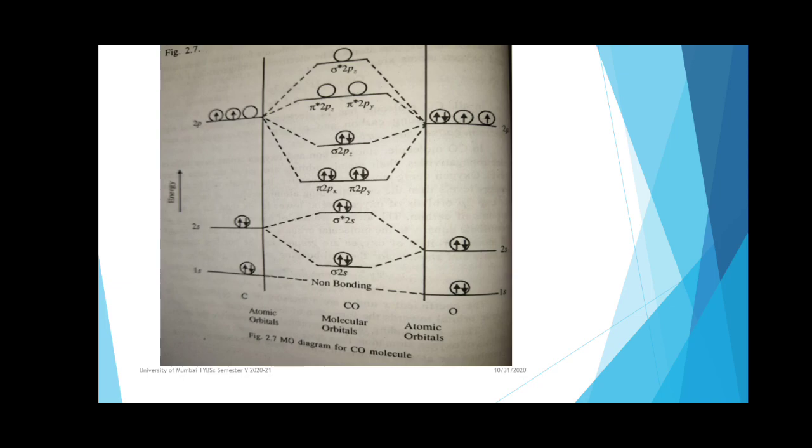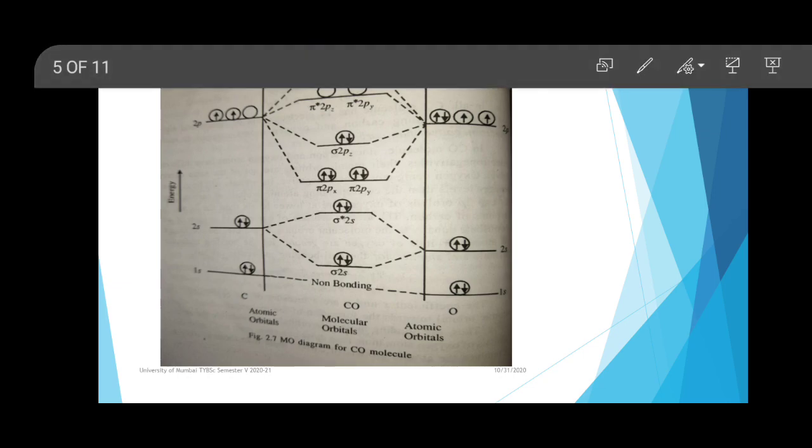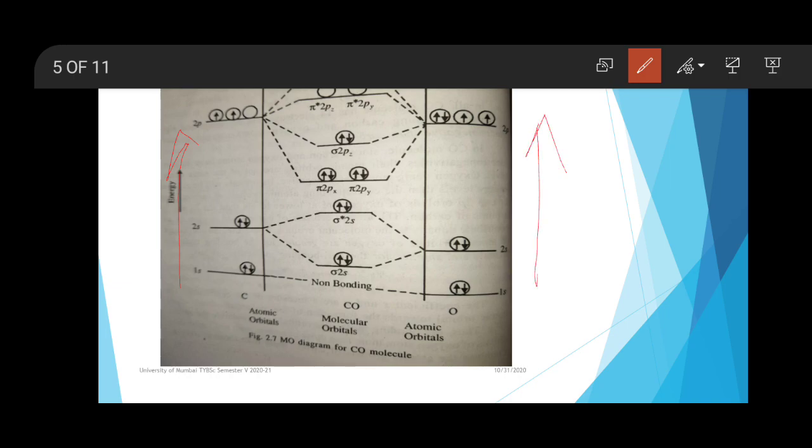The 2p orbitals of carbon have a single electron in 2px and in 2py, so they are singly filled. All these orbitals are arranged with increasing energy, right? So this is the way the energy increases. Similarly, you can see here also 1s, 2s and 2p.